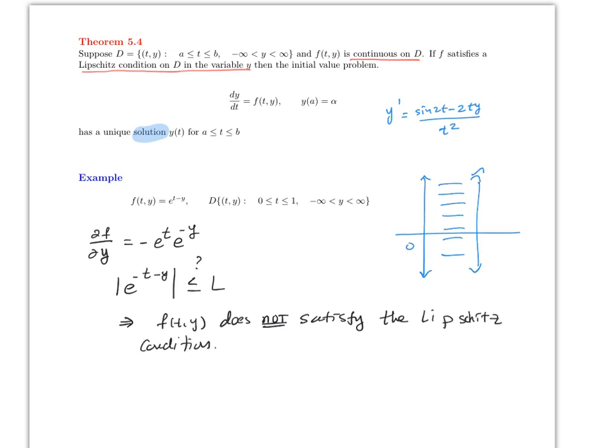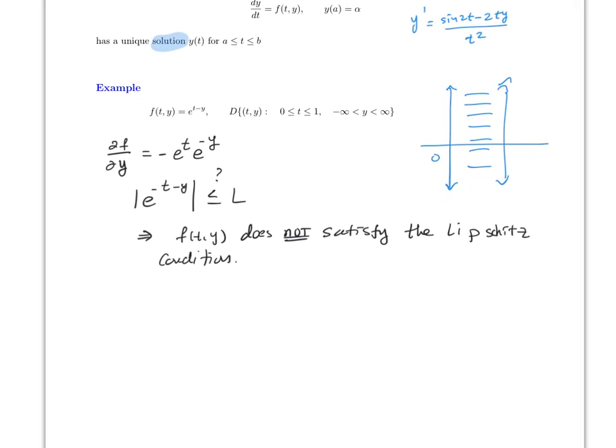However, this actually has a unique solution. For example, let's say that we add the initial condition of y of 0 equals 1. So you need to have that at some point.